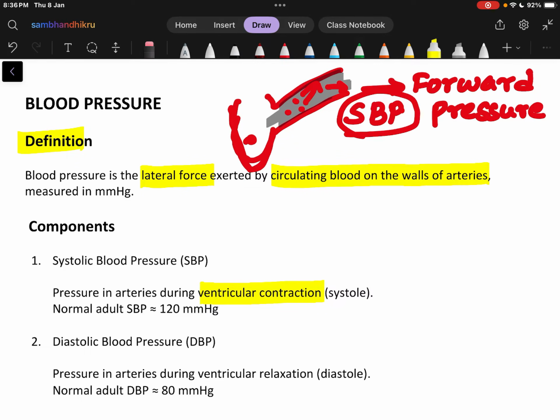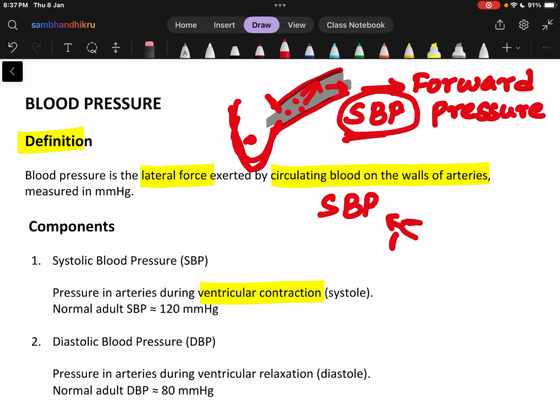When the valve opens, the pulmonic valve here and the aortic valve on the left side, if the aortic valve is open, forward pressure is exerted by the left ventricle. That is systolic blood pressure, and this one is also systolic blood pressure.